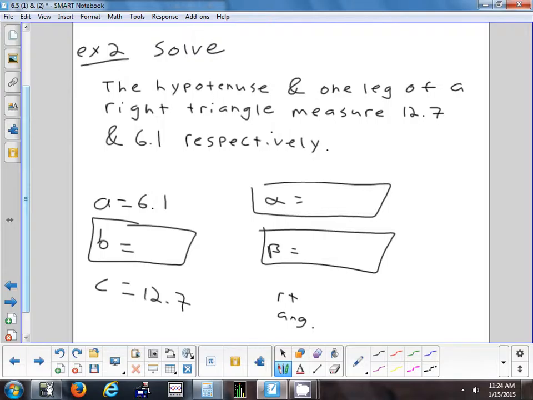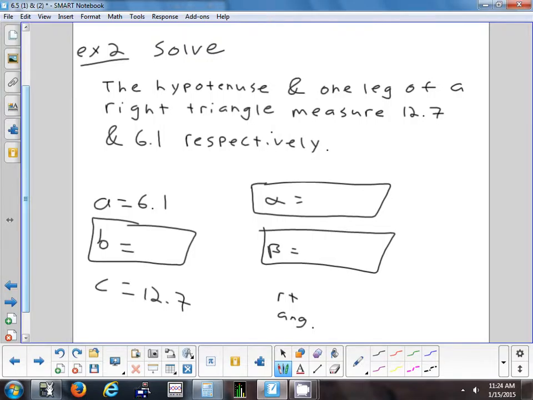Find the third angle. Yeah, we can't get the third angle because we're missing both the acute angles. So for now, we'll come back to the angles. But I can get side B. I know A and I know C. So what can I do to find the third side in that triangle? I couldn't do this before, but now I can because I'm being given two sides.